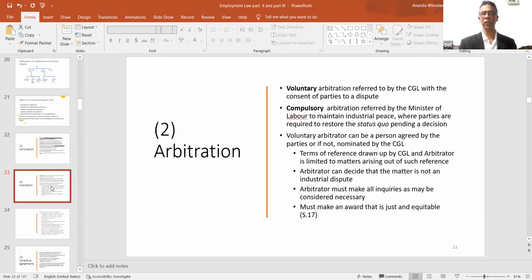Right. Now, next, first bullet. Arbitrator is not bound by the contract of employment.